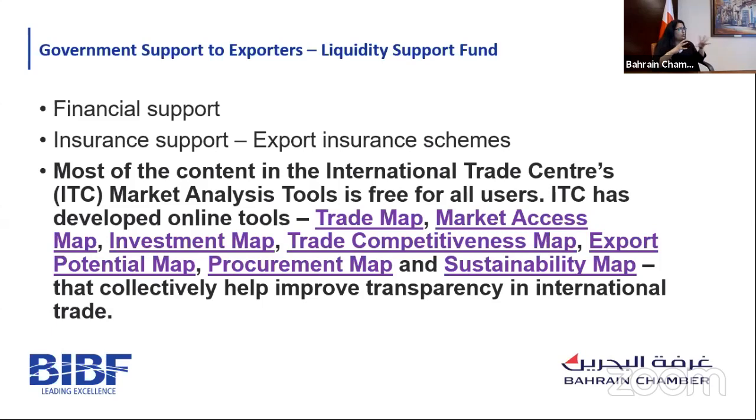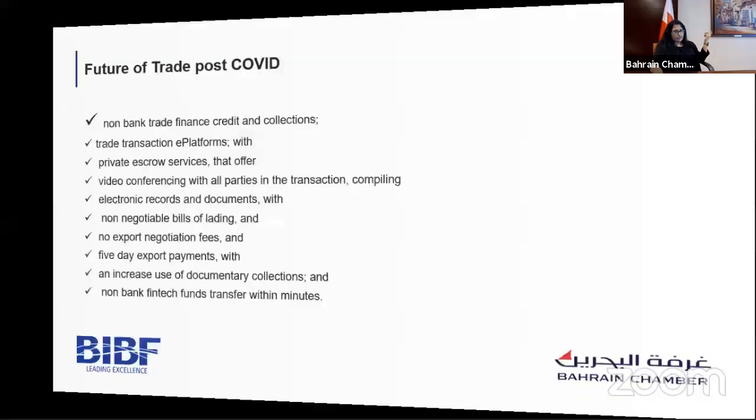You also have information on sustainability marks: which products are protected in some countries. If you export those products, there's not going to be a market for you. So you need to look at what the sustainability factors are. All of this will help you to increase your success in international trade.